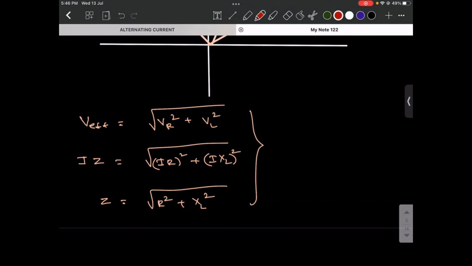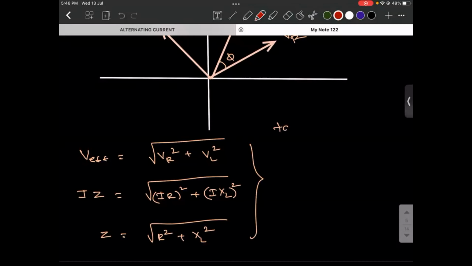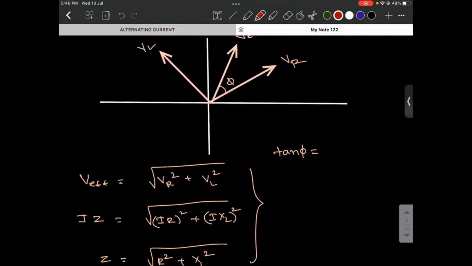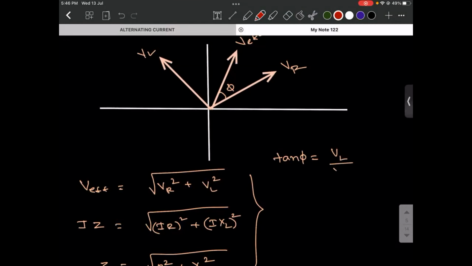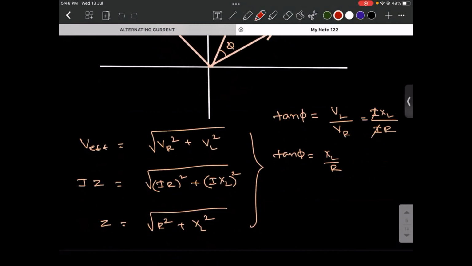Now the next point is about tan phi. What will tan phi be equal to? Tan phi will be equal to VL divided by VR. So it will be I into XL divided by I into R. Both will get cancelled. So tan phi will be equal to XL divided by R. So when that is the case, what will you get cos phi as?